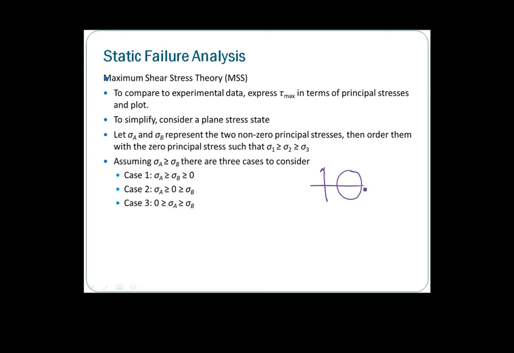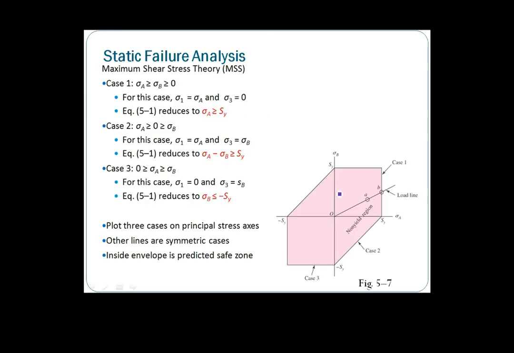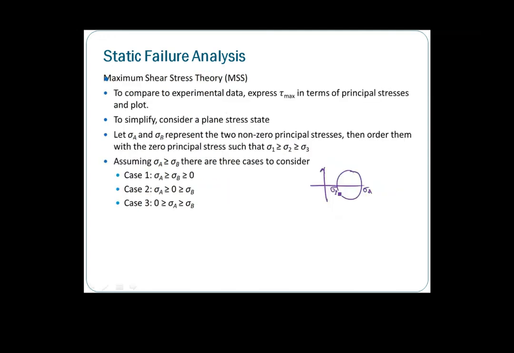So basically you have sigma A, then you have sigma B. Then sigma A is our sigma 1 and sigma B is our sigma 2, because we are fulfilling sigma 1 larger than sigma 2 larger than sigma 3. So our sigma 3 here is 0.